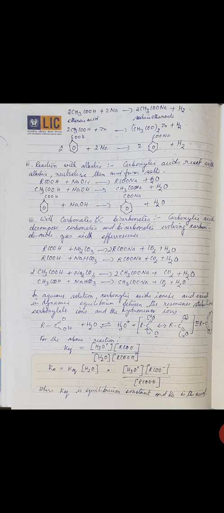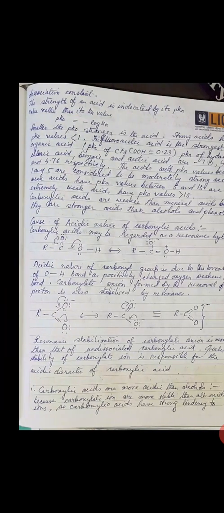For the above reaction, you can see the equilibrium constant is equal to the product divided by the reactant. So you can easily get the acid dissociation constant, Keq: H3O+ times RCOO- divided by the reactant. Where Keq is the equilibrium constant and Ka is the acid dissociation constant.